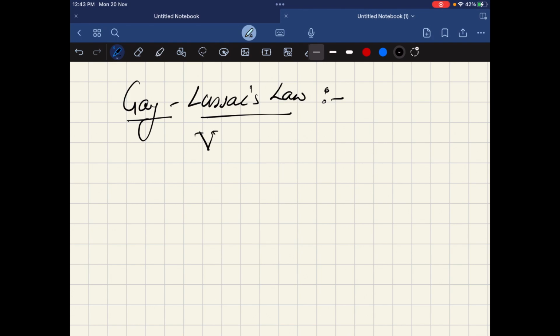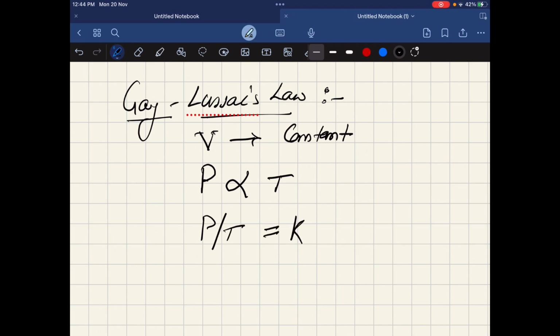It says if the volume is constant, then the pressure of the gas at that time will be directly proportional to the temperature, and it can also be written as pressure upon temperature is constant.